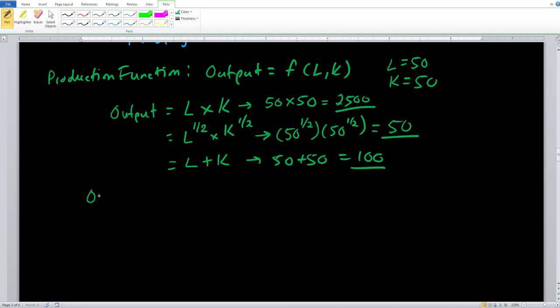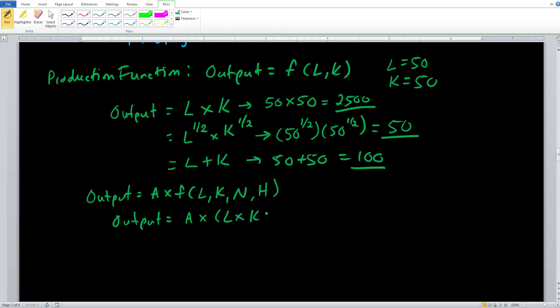So here, suppose we have output equals A times a function of labor, physical capital, land, and human capital. And once again, I have to give you a specific form. I can say maybe output is equal the product of all of these variables right here. So A times labor times capital times land times human capital.